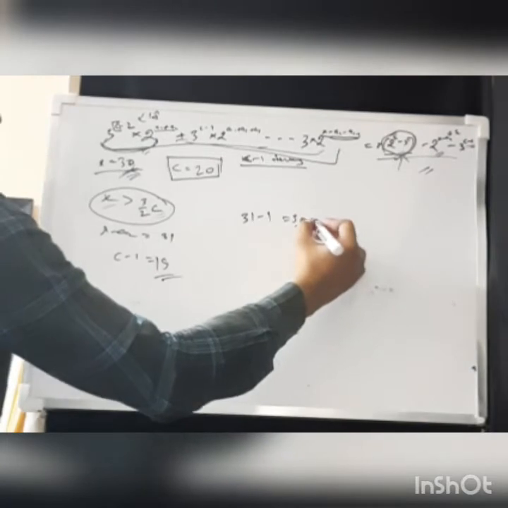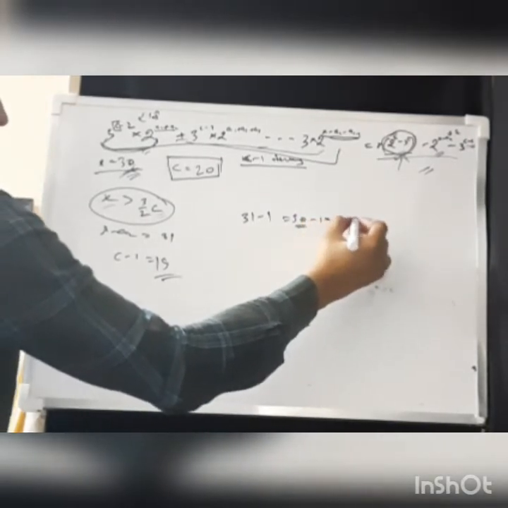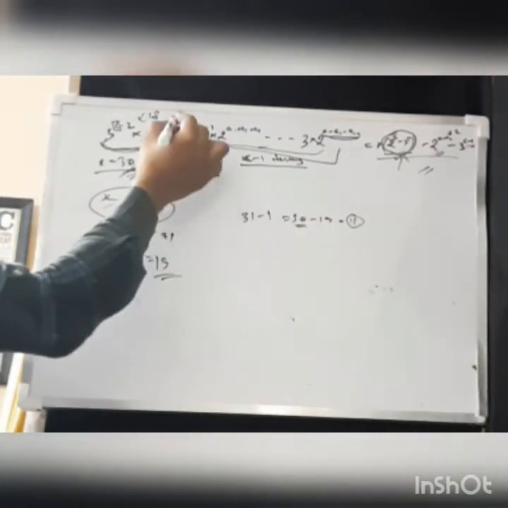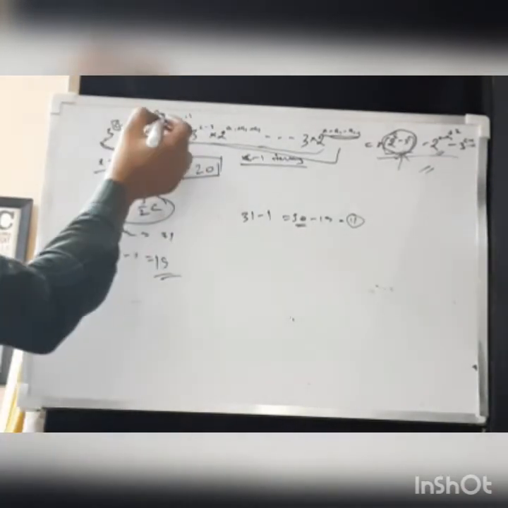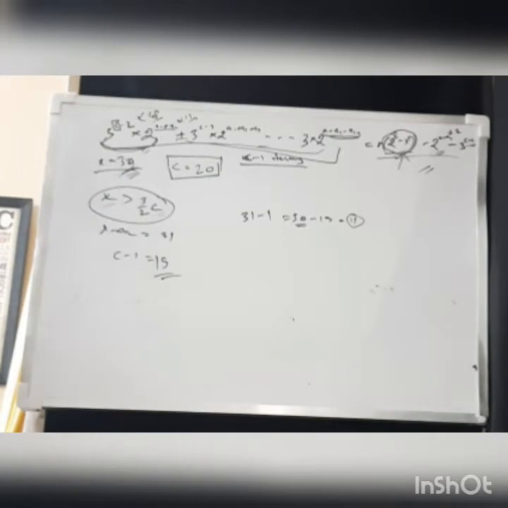When I subtract C minus 1 from this, I get 11. So this cannot be larger than 11. This is 18 and this cannot be larger than 11.